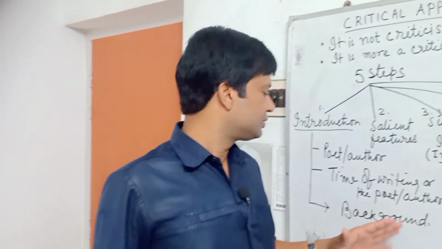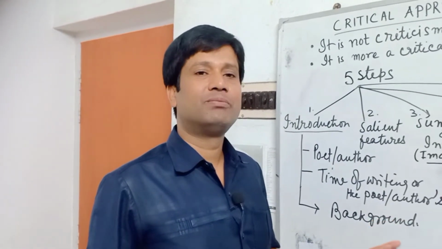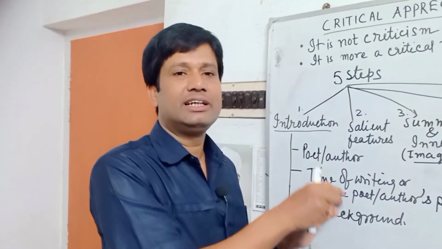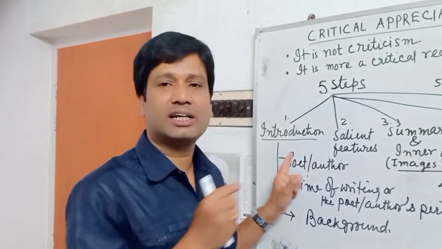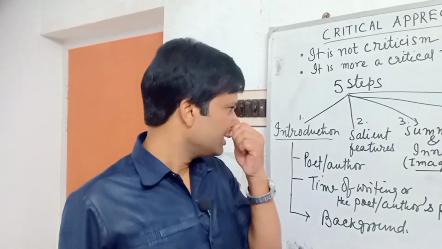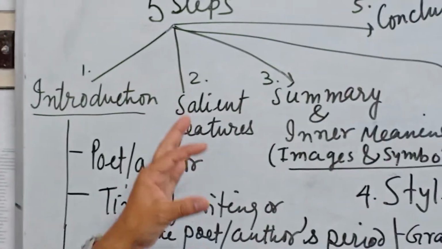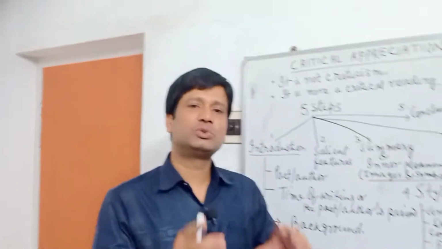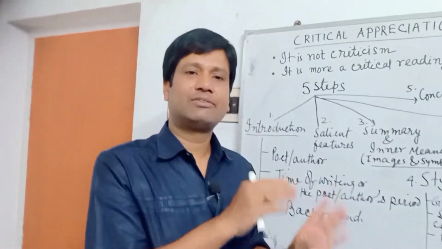Then you should focus how it was individualized by Edmund Spenser. So all these informative notes should be written in the introduction of critical appreciation. Okay. Next, in the second paragraph, you should write salient features of the literary work. For the poem, you should write the salient features of that poem.